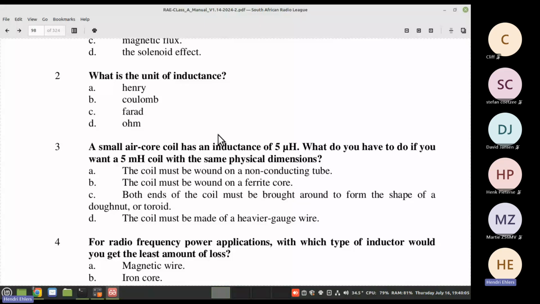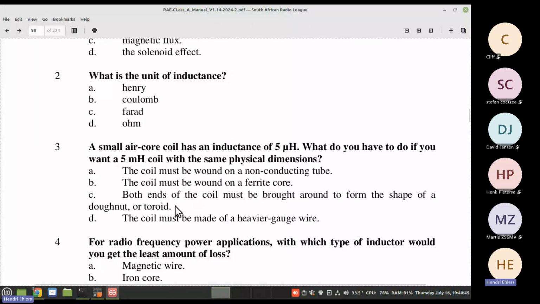A small air core coil has an inductance of 5 microhenry. What do you have to do if you want a 5 millihenry coil with the same physical dimensions? Right, let's see what we can do. Non-conductive tube and air core is the same, so it would not be A. Cannot be that.